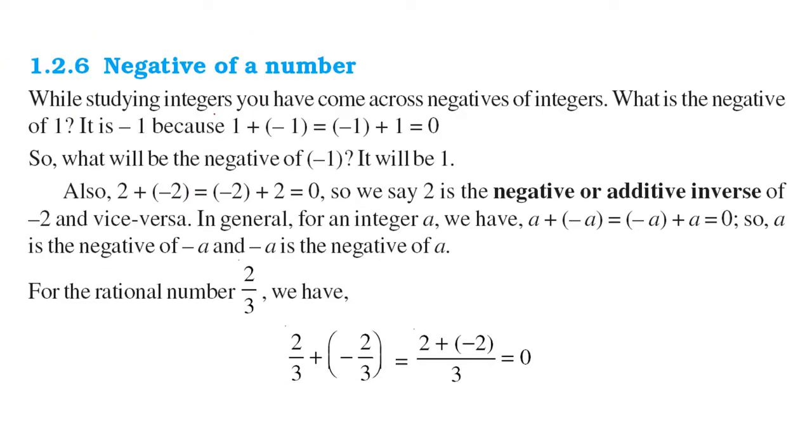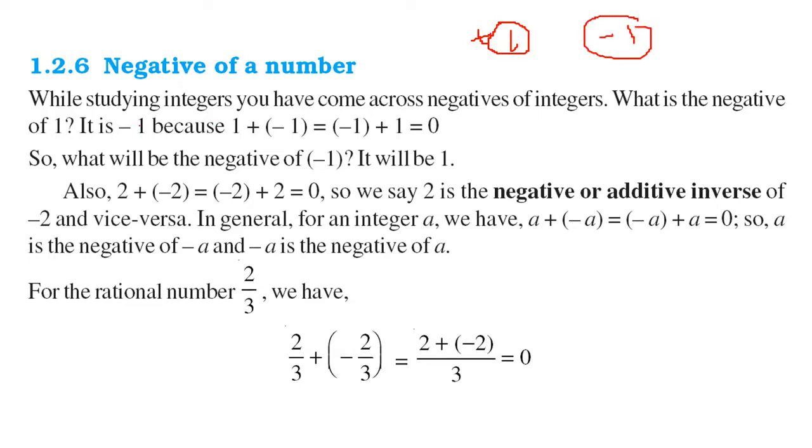Negative of a number. If I write 1, the plus sign is by itself known, right? By default, we don't write plus again and again. This is plus 1, means plus is there. But when we assign a sign to this number, it becomes the negative of 1.